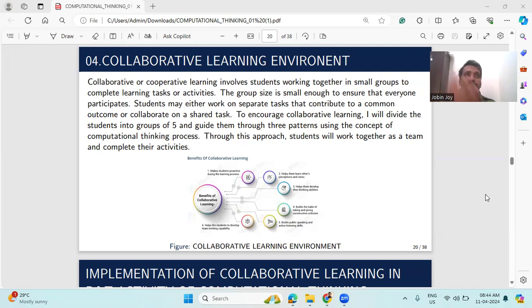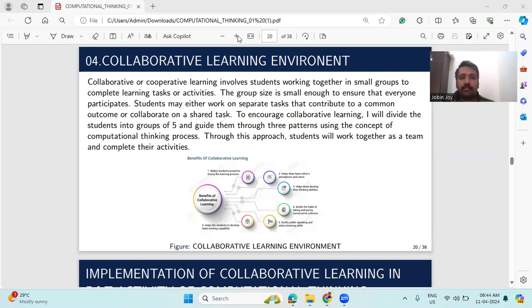How they approach the problem, how they apply the concept of computational thinking to that problem. 15 students are thinking in 15 different ways. Their approach and thought process will be different, but they are applying the four concepts of computational thinking: decomposition, pattern recognition, abstraction, and algorithm.